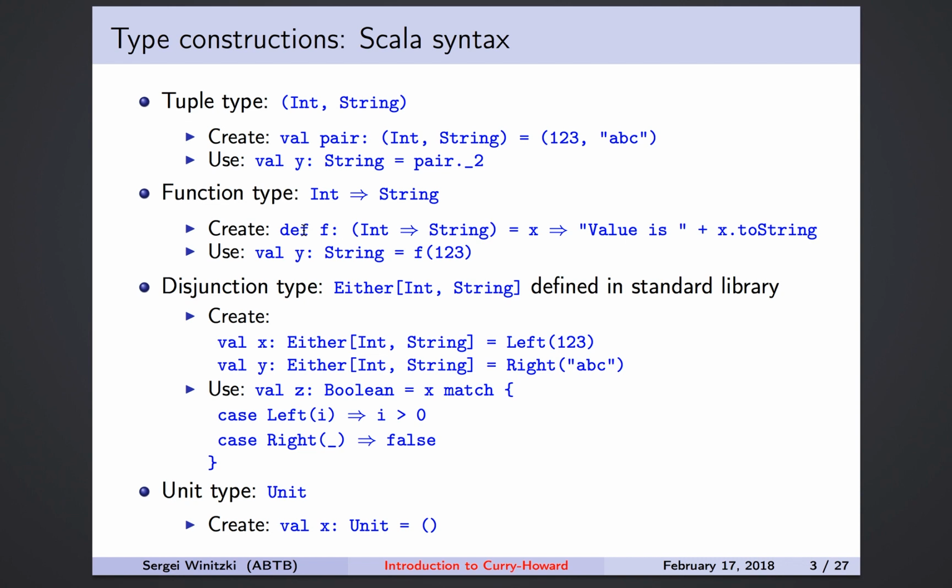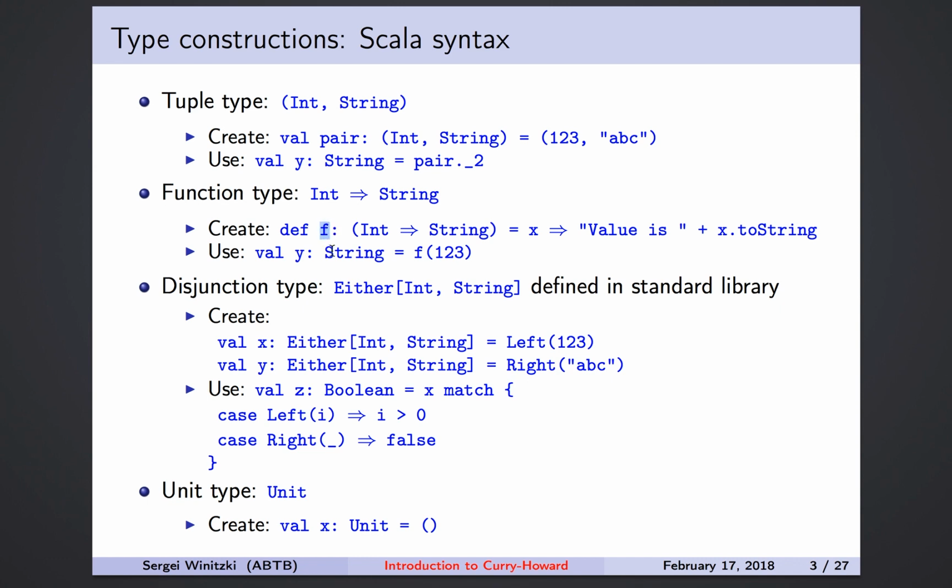You cannot say val, you have to say def. These limitations are unimportant for the purposes of this tutorial. So we will just consider this as a value of this function type. So functions are still values in Scala and can be used as values, even though sometimes you have to say def and at other times you can say val.